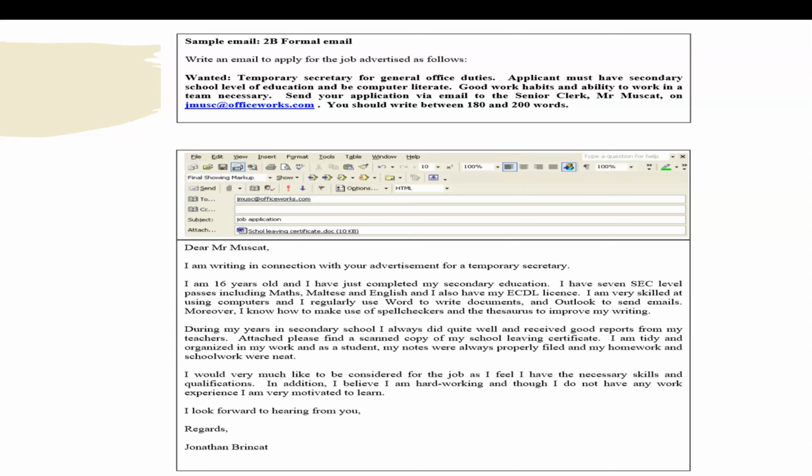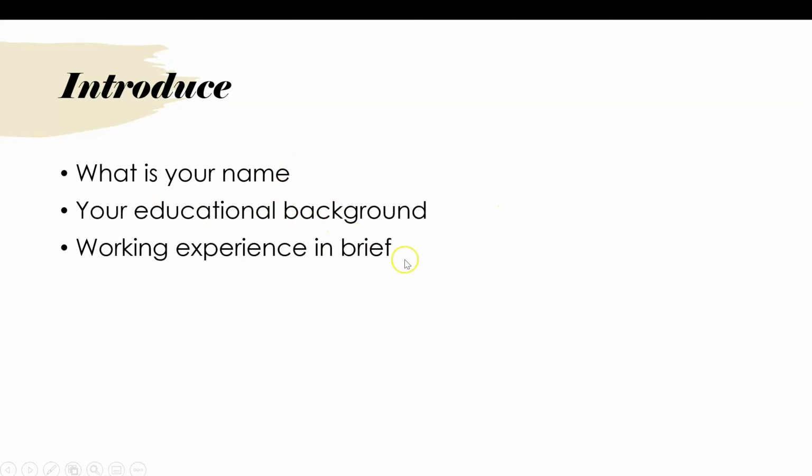Moreover, I know how to make use of spell checkers and the thesaurus to improve my writing. So basically you need to briefly state your educational background and working experience, like what she has done just now. But because she's only 16, she might not have work experience. That's why you can only see that she has written about her educational background.